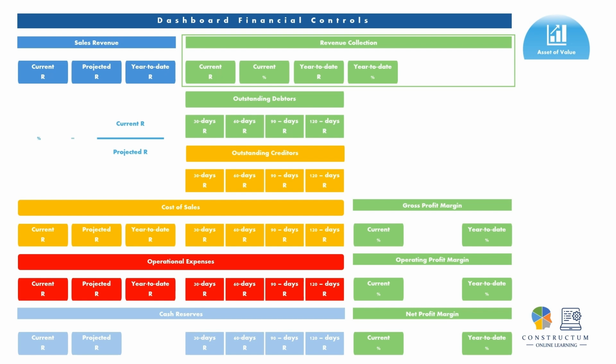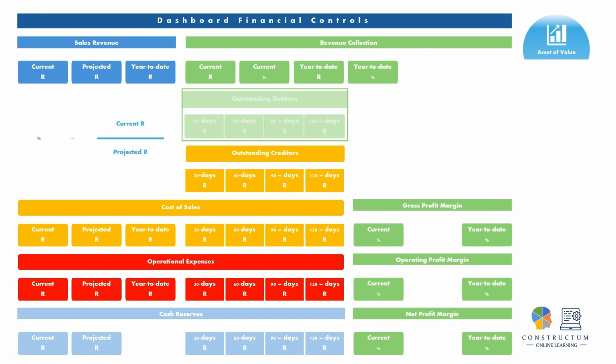The third item is outstanding debtors. How well is the business doing in terms of collecting sales revenues from its debtors? As per the debtors book age analysis, I recommend expressing this value in monetary terms and per days outstanding: 30, 60, 90, and 120 days outstanding.